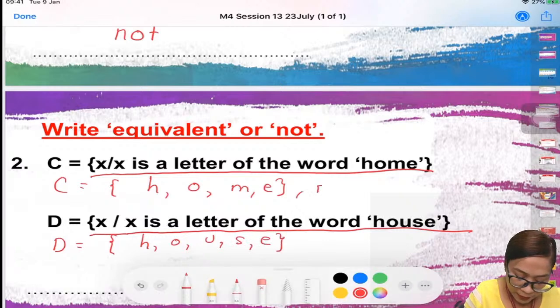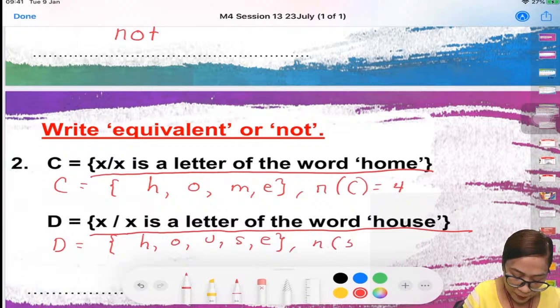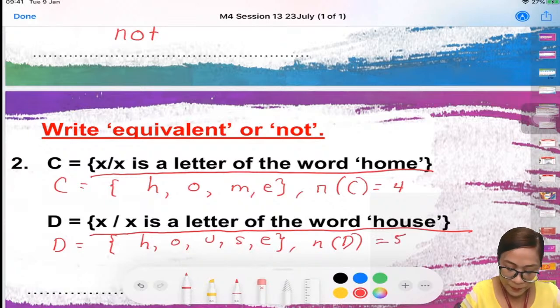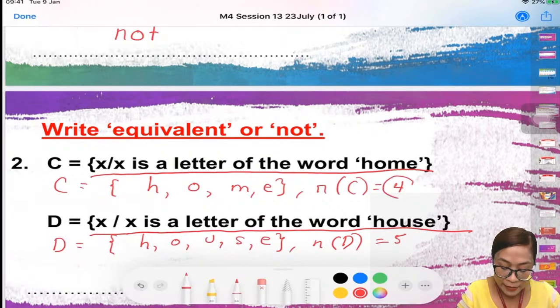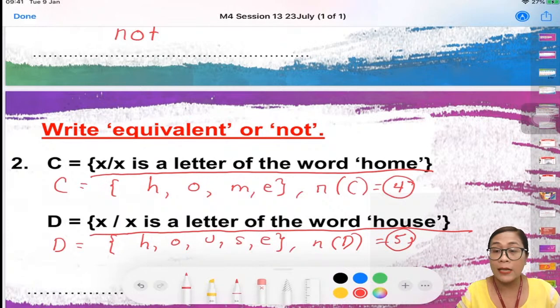So you get the cardinality. N of C, how many members are there in the set? It's 4. And N of D, 1, 2, 3, 4, 5, is 5. So N of D is equal to 5. If you look at the number of elements, or the cardinality, or the cardinal number, you will see that you get 4 and 5.